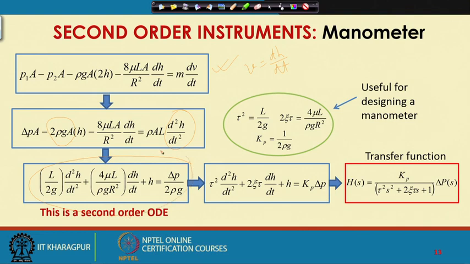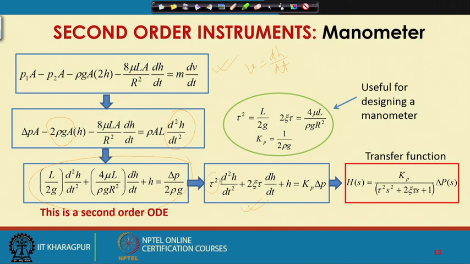Look at this equation. This equation is a second order ordinary differential equation. If I call this tau square, this is tau square d2h/dt2, plus 2 zeta tau dh/dt plus h, and if I call 1 by 2 rho g as k, this is k into delta P. So, this is the equation we finally get.